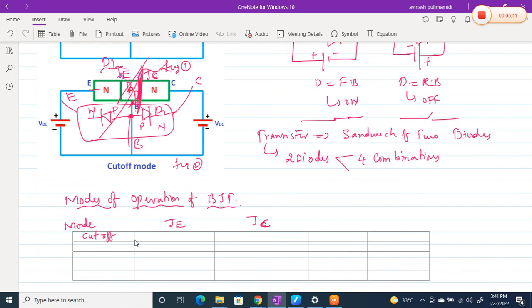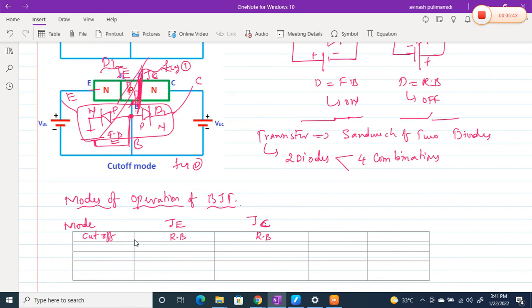If the emitter junction is forward bias, how do we connect it? N should be connected to negative, P should be connected to positive. Am I correct? Then this diode will be forward bias. For the cutoff region, the emitter junction should be in reverse bias. In the same way, the collector junction should also be in reverse bias. Then the transistor will be in cutoff mode.